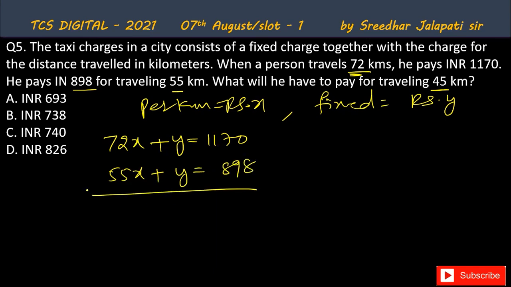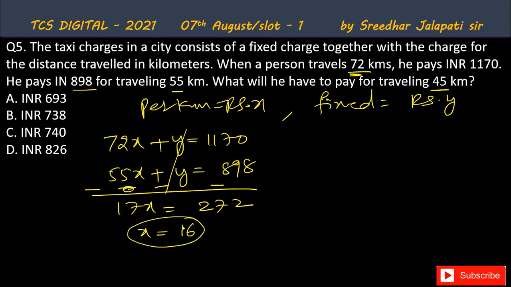By subtracting these equations, plus Y minus Y get cancelled, you will get 17X is equal to 272. On further simplification, X is equal to, if you divide 272 by 17, it goes 16 times. So X is nothing but the per kilometer charge.